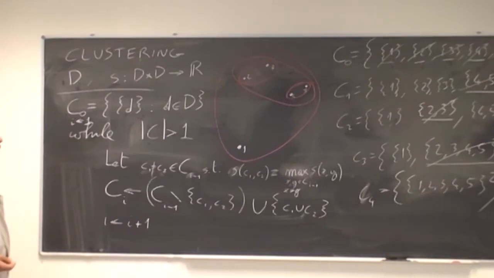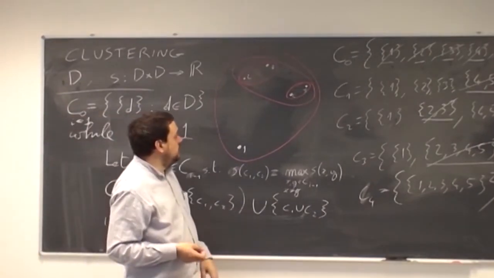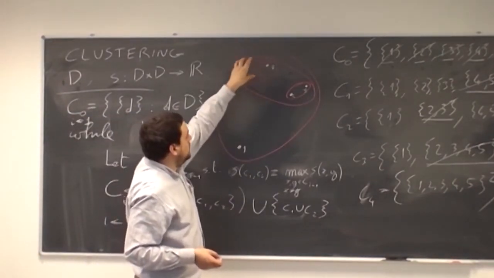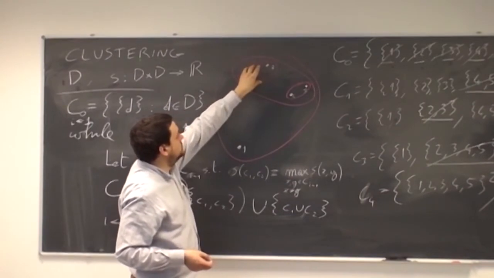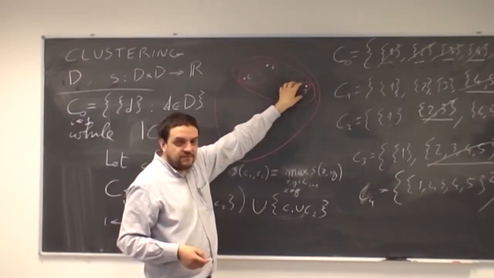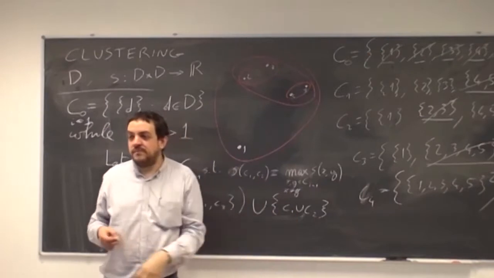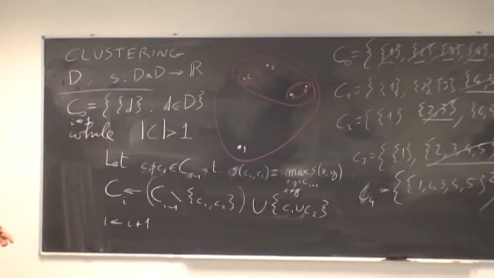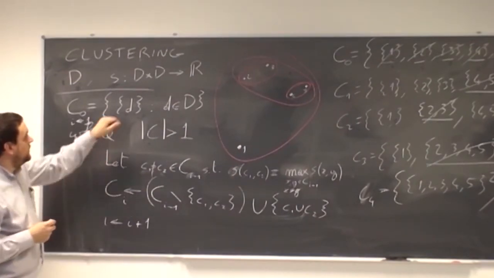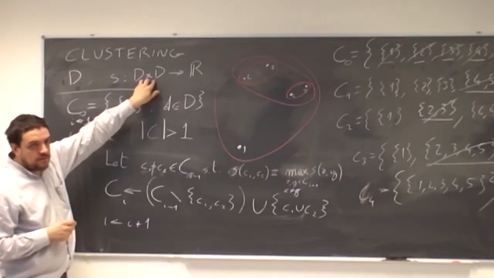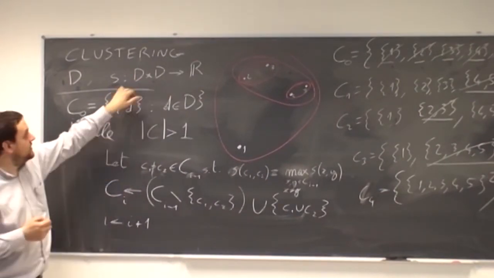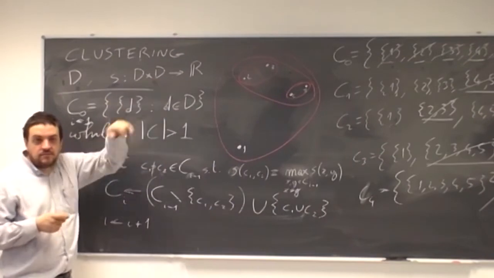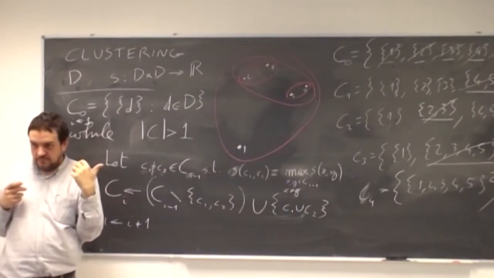Okay, but what about the similarity between the cluster 2, 3 and cluster 4, 5? How do I measure the similarity between not two elements but two clusters? Let me repeat. Here, the only definition that I have is the similarity between elements in my original set.